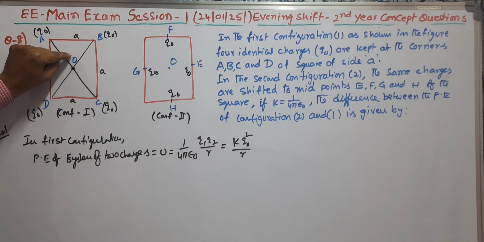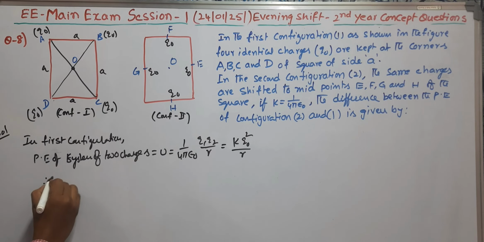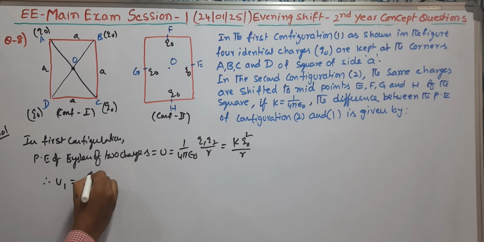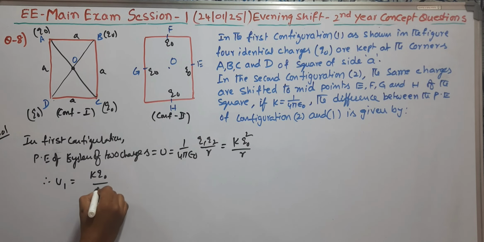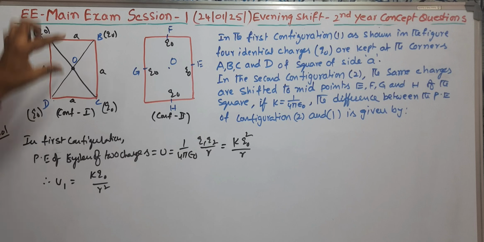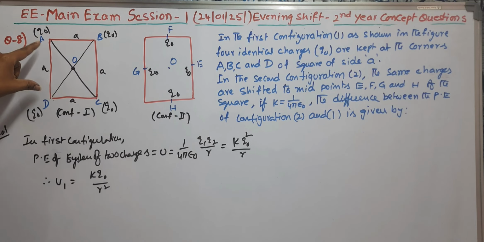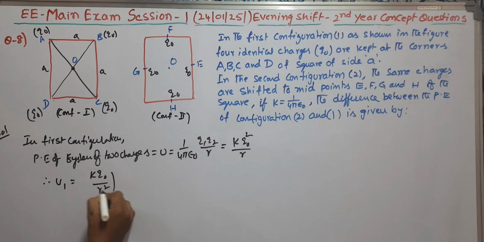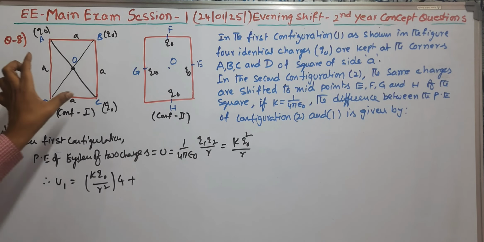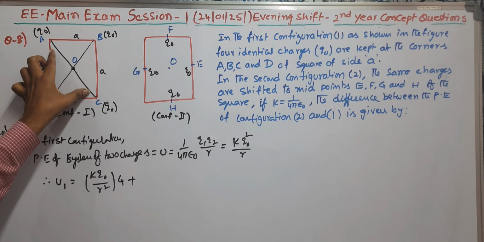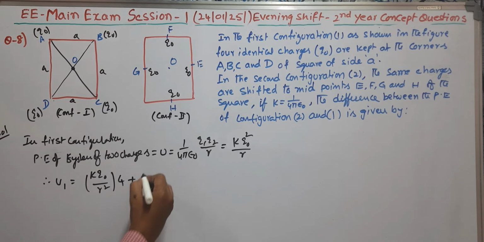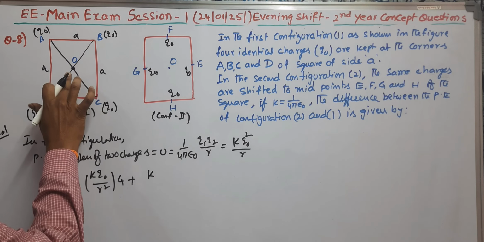U1 is due to the first one, k q naught square by r. How many systems are there? AB is 1, BC is 1, CD is 1 and DA is 1, so there are 4, plus, moreover BD and AC is also another system of 2 charges. These contribute energy.